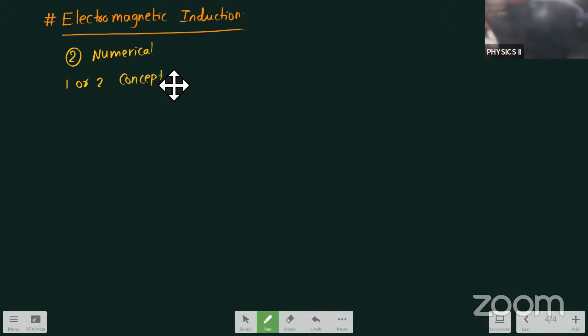Out of these 2 numericals or 1 or 2 concept questions, you will definitely get 1 question in your annual examination. First of all, I will be discussing the numericals. Once I discuss the numericals, I will be giving the important question that may be asked in your annual examination, that is regarding eddy current. So first of all, I will be discussing numericals. After that, I will be discussing the eddy current answer. Now here, carefully write down these numericals.